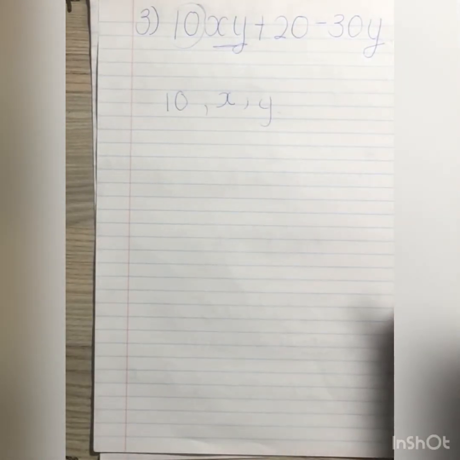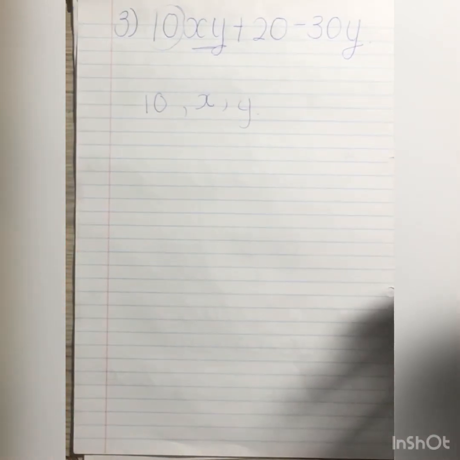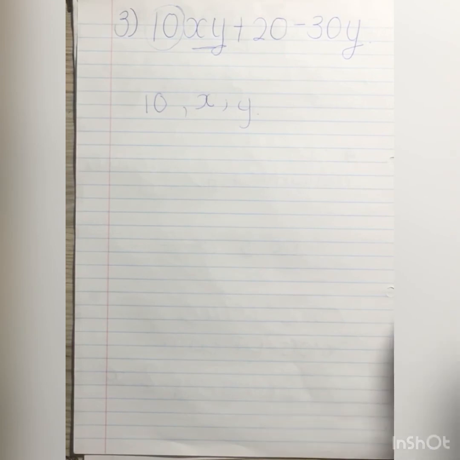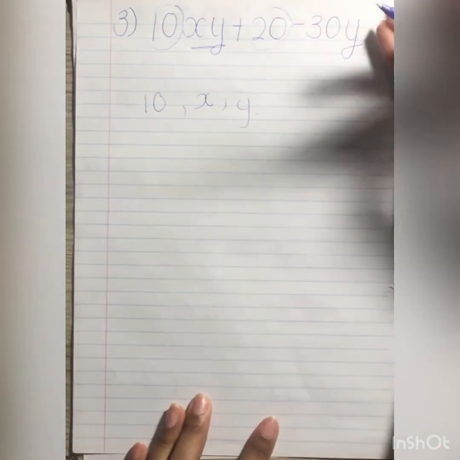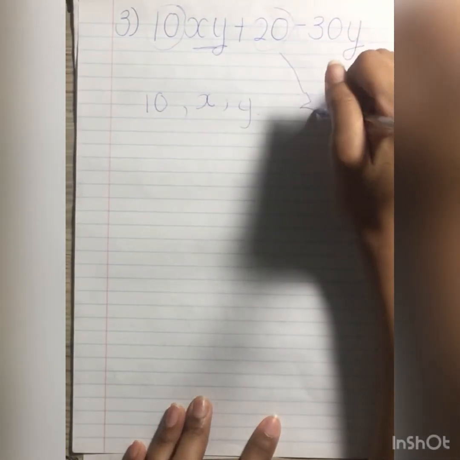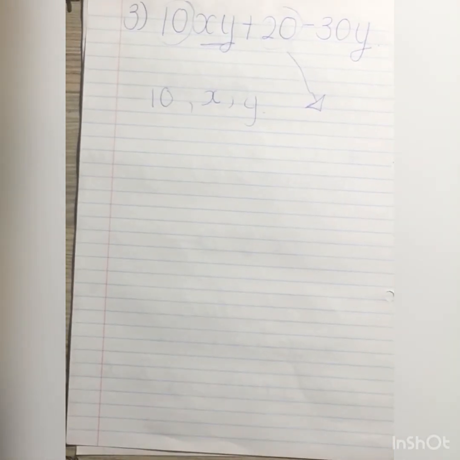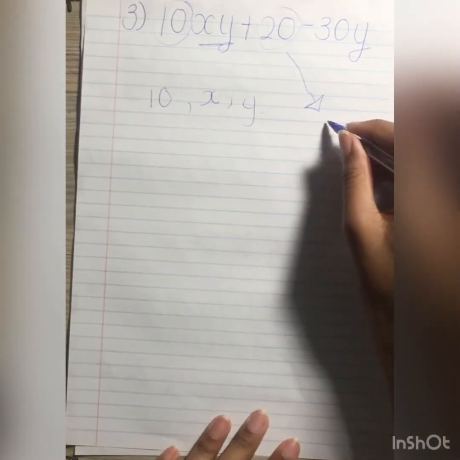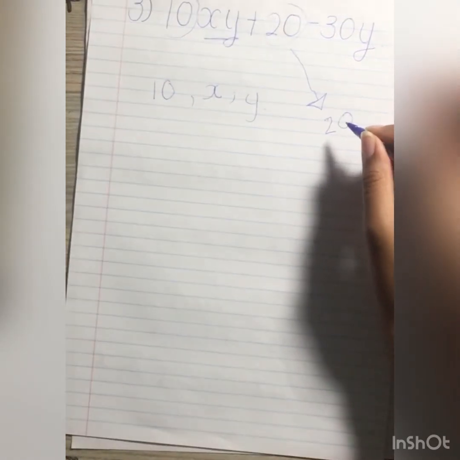Now you might be asking yourself, do constants have factors? And the answer is very simple. The term 20, as a constant, does indeed have factors, but the only factor that it consists of is 20, disregarding numeric factors, okay?